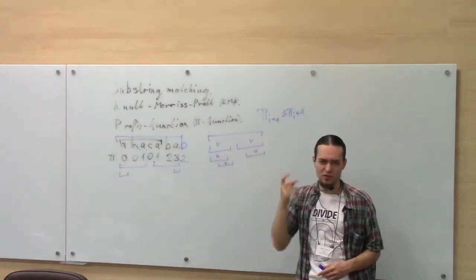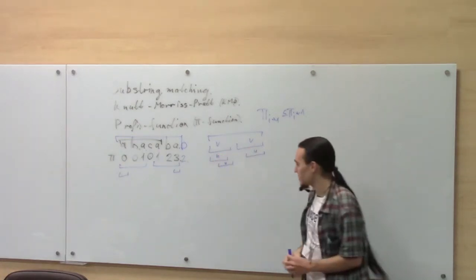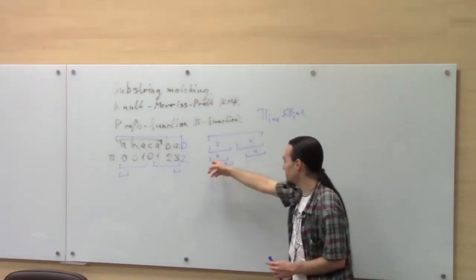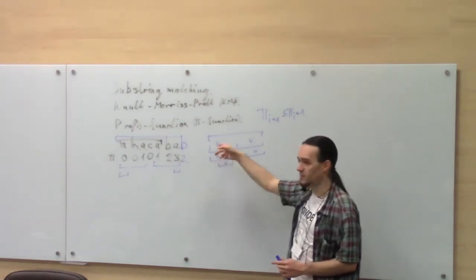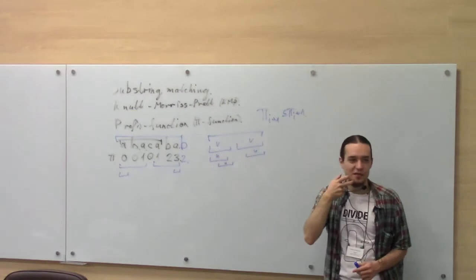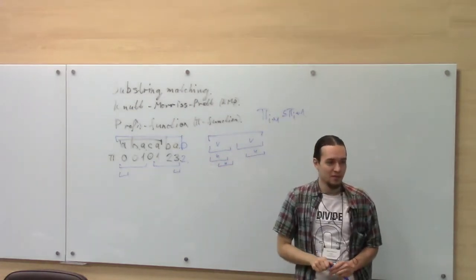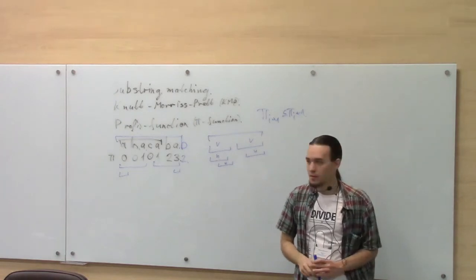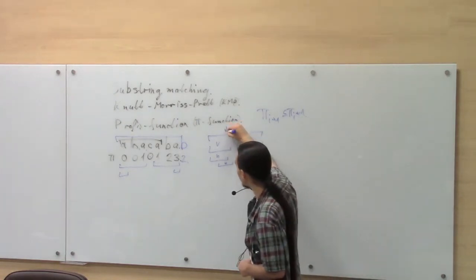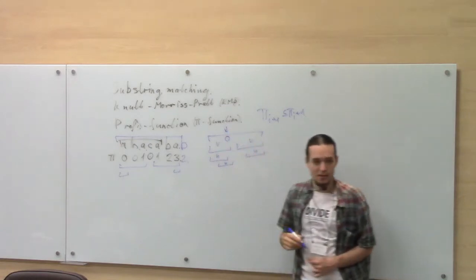So it's the largest match of a prefix and a suffix in v. Can we somehow characterize this length, the length of u? Yes, this is exactly the prefix function in this position, just by definition.